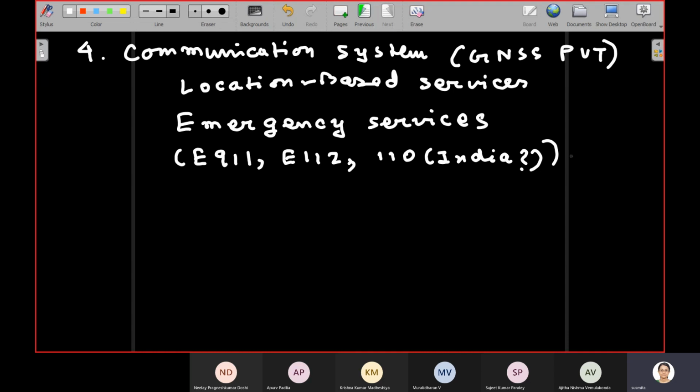Similarly, Europe has E112. I have not read about that, but I think it is also effective in the same way. In India, we have 110, most probably the helpline number, but I'm not sure how effective that is. But there is a helpline number that we can use or try to use in case of emergencies.